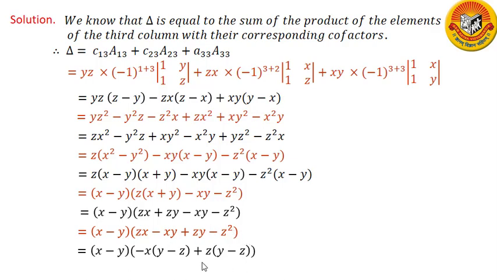So now you are seeing that y minus z is also common in both the terms. So I will take y minus z common, so remaining is z minus x. So x minus y, y minus z, z minus x is the final answer. If you stop here, that is, if you are not simplifying, then you may lose some marks. So better, if you are getting expressions like this, you simplify them and obtain the product form.